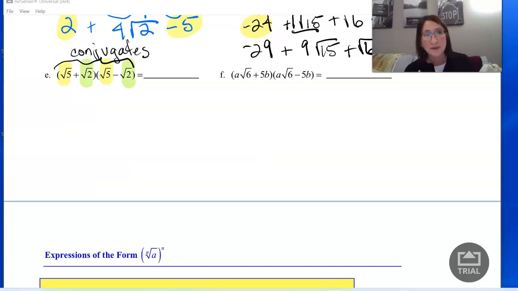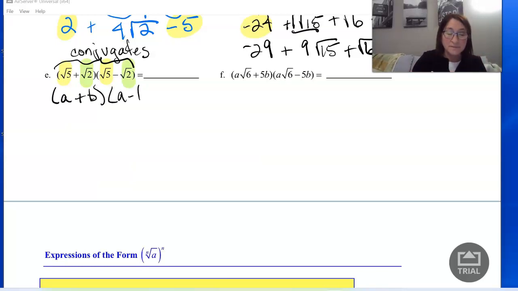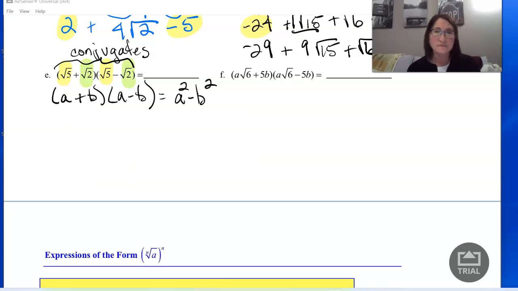And we know with conjugates, when you have two binomials where your terms are the same but you have opposite signs, then that is always going to equal the difference of two squares.